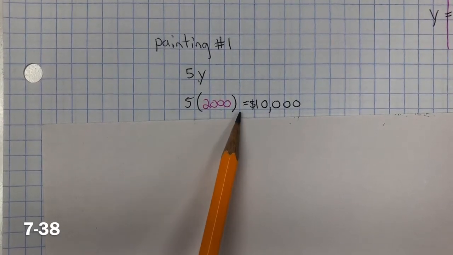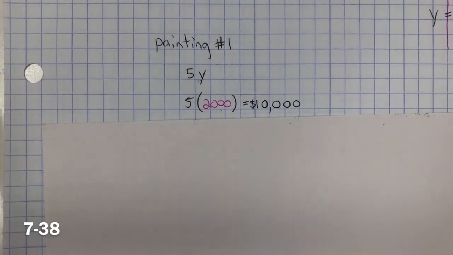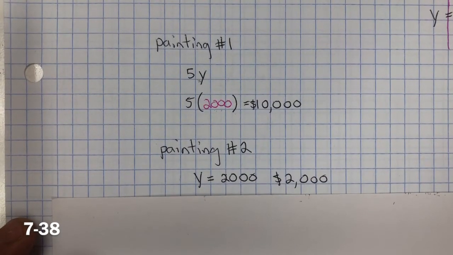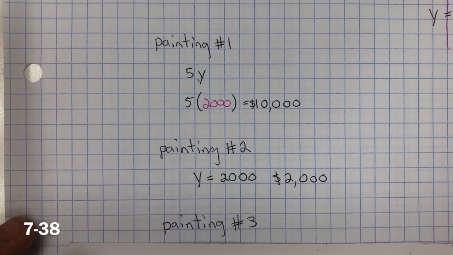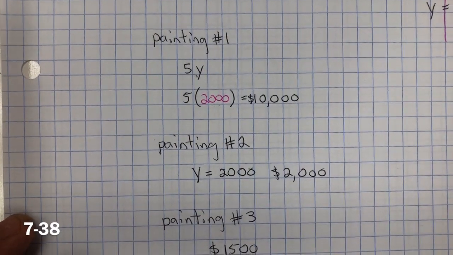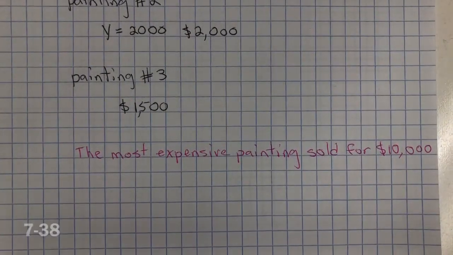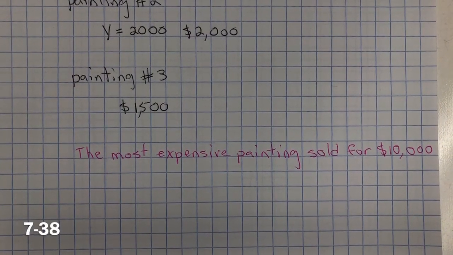So 5 times 2,000 equals 10,000. And we know painting 2 sold for $2,000 and painting 3 sold for $1,500. So the most expensive painting sold for $10,000.